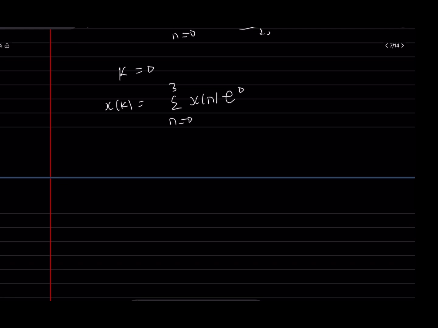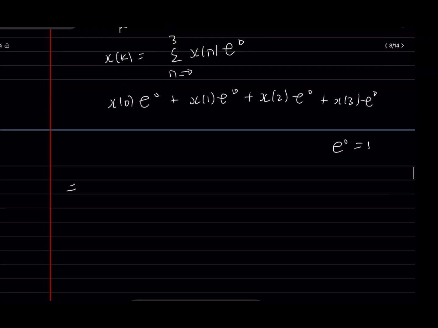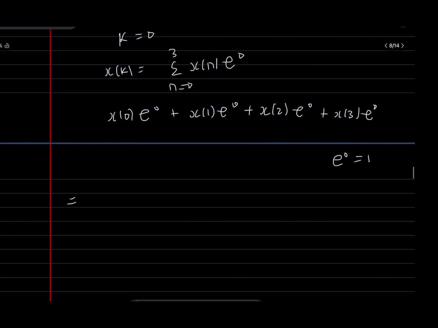So we get x of 0 multiplied by the exponent of 0, plus x of 1 multiplied by the exponent of 0, plus x of 2 multiplied by the exponent of 0, plus x of 3 multiplied by the exponent of 0. Because the exponent 0 is equal to 1, we can simplify it. If you observe, the first element is always the summation of all the elements of the sequence that has been given to you.